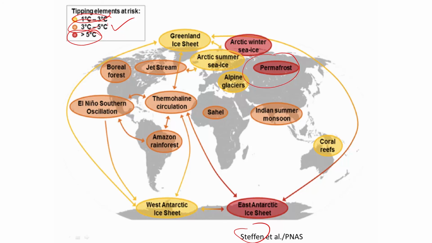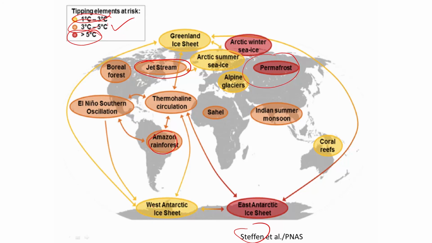Greenland ice sheet will also affect the Arctic, which will then affect the jet stream, which is already happening, and Amazon forest will affect also the thermohaline circulation because it has a moisture feedback and how much evaporation can happen and so on.